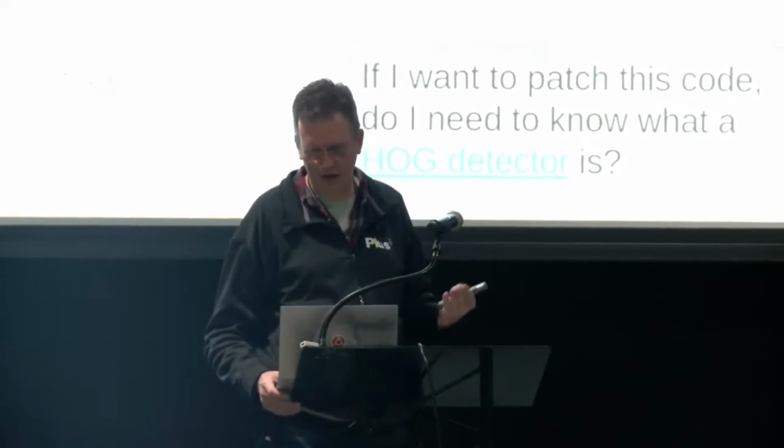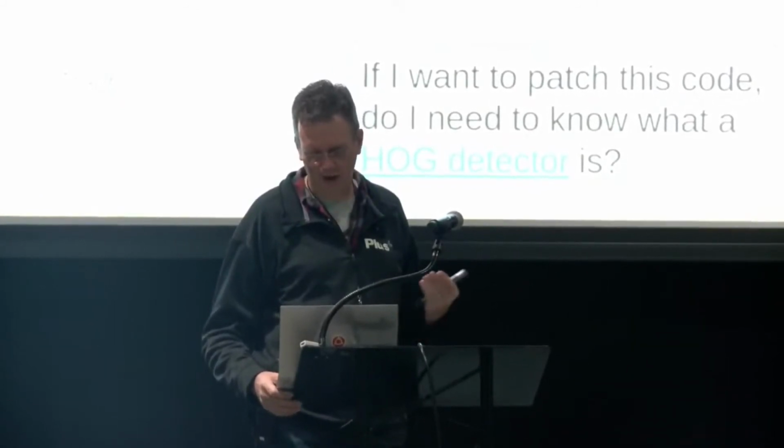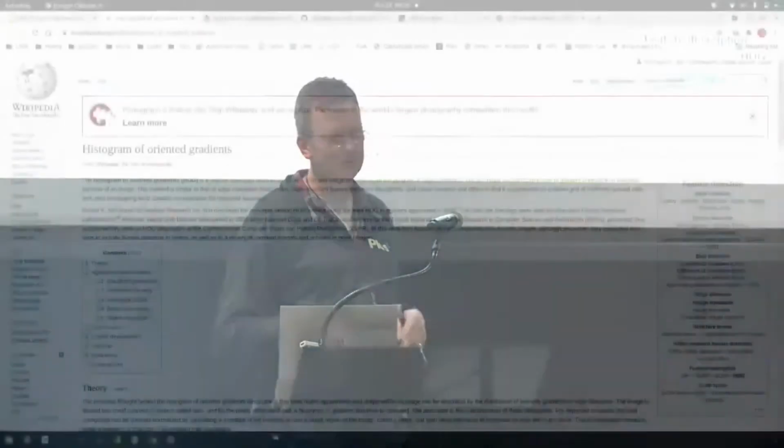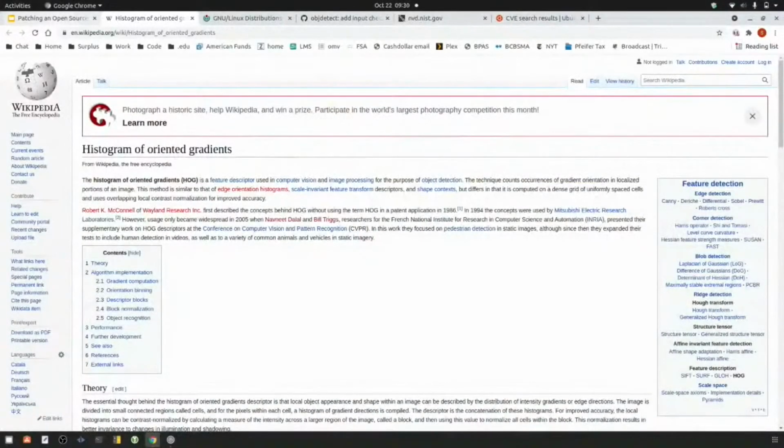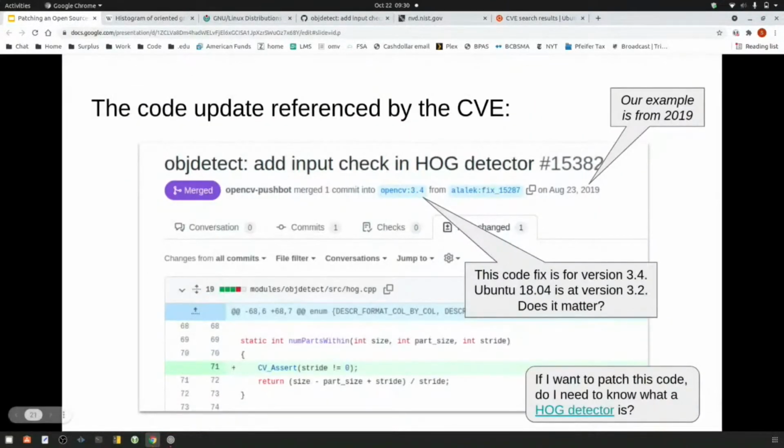So how much do I have to actually figure out in order to do that? It's actually pretty cool. A HOG detector is part of that smart logic that somebody with a PhD, and a couple other PhDs, refined on how to figure out gradients in images. Really cool stuff, and you can see it's actually being used a lot. So that's why we want to fix this vulnerability or take a look at it.